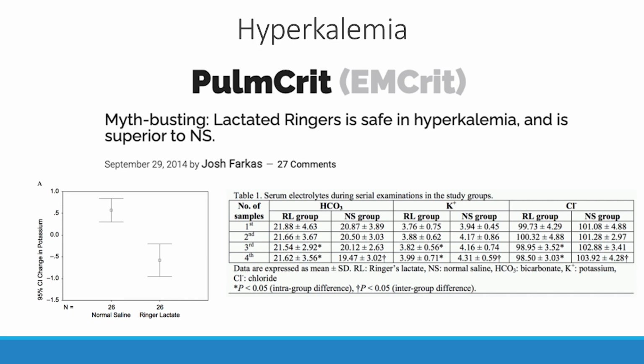Additionally, what we've learned from DKA is that K follows H. Whenever you have something acidotic, you're actually going to pull potassium into the serum, and it's going to have a higher potassium level from the acidosis. Then as you start correcting the acidosis, it'll bring that potassium down.